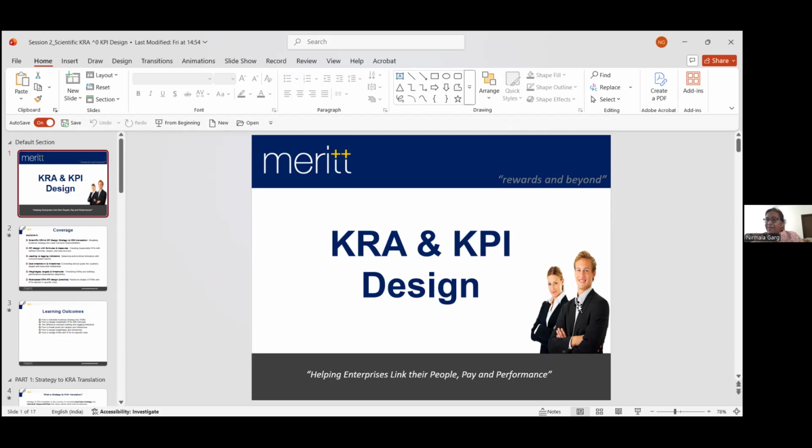Now, if I say CG is an HR recruitment executive, and these are her 3 or 4 KRAs, at the end of the year, how do I know she has performed? I have identified or set the KRAs, but how do I know she has actually performed?